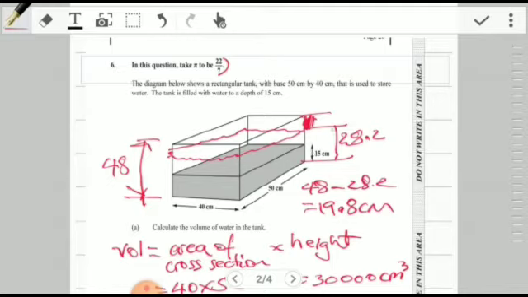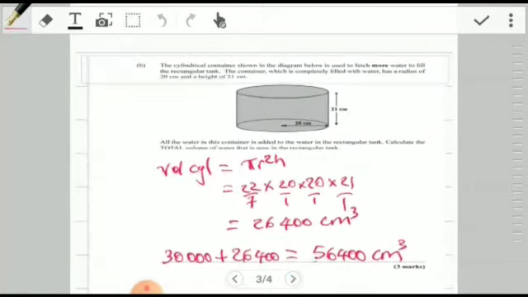And then we want to know how much more of the cylindrical container could fill this up. So basically, we want to find this volume now, because it's going to be 2,000 times the 19.8, the empty spot that's left. There are many ways you could do this.